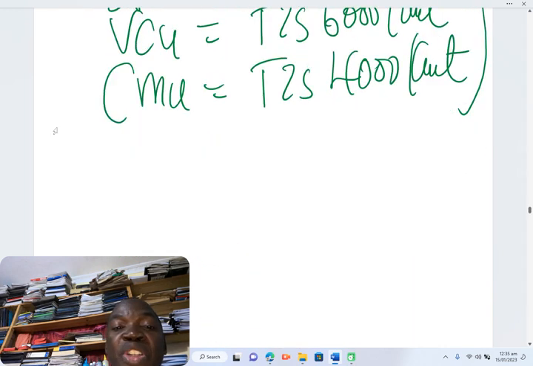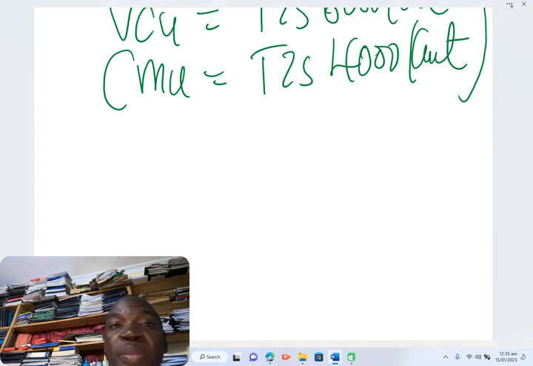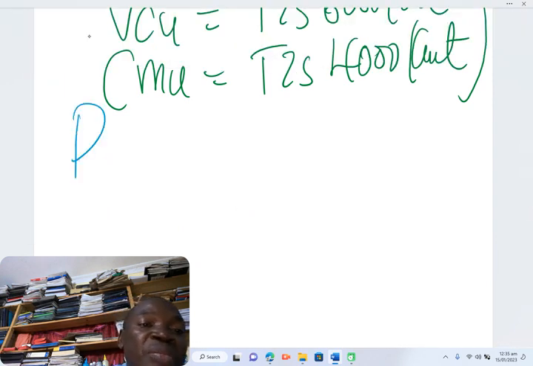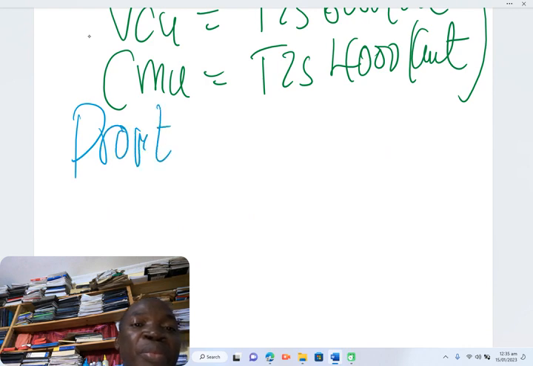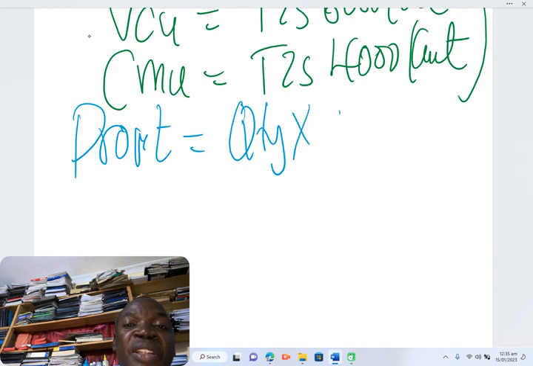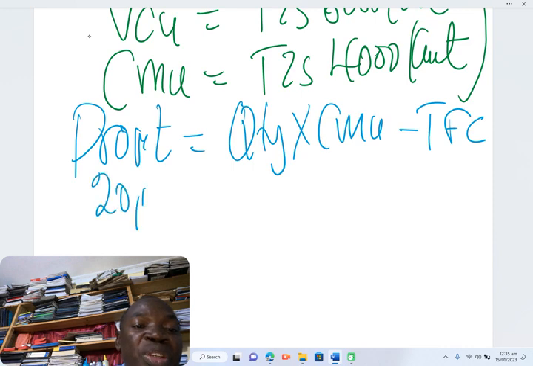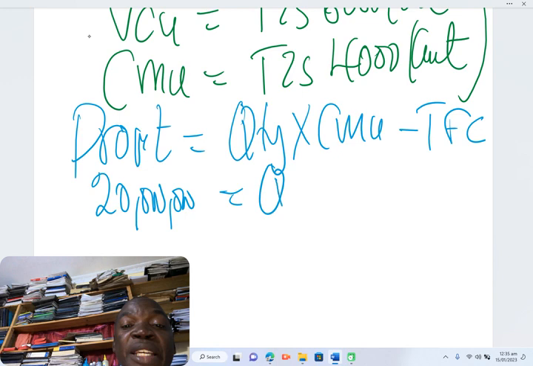So profit is 20 million. Remember, profit equals quantity times CMU minus total fixed cost. Quantity is not given. CMU is 4,000.